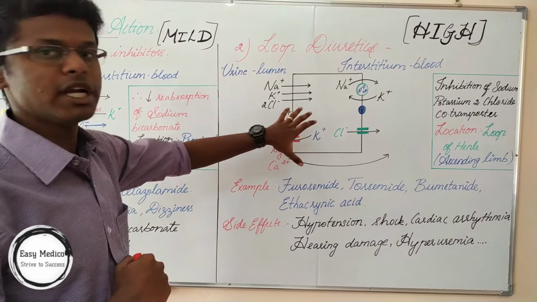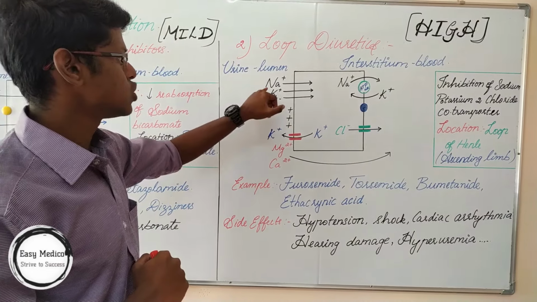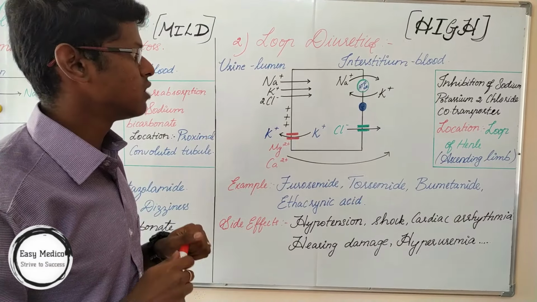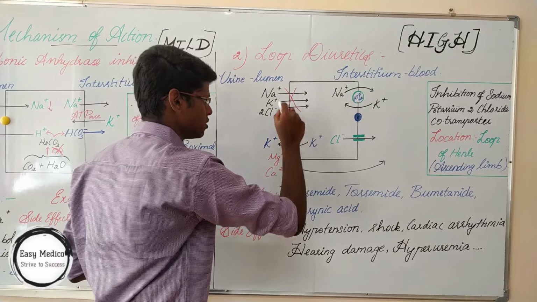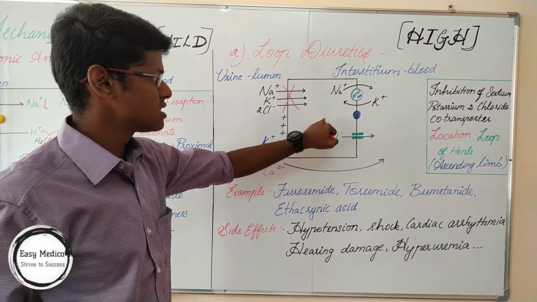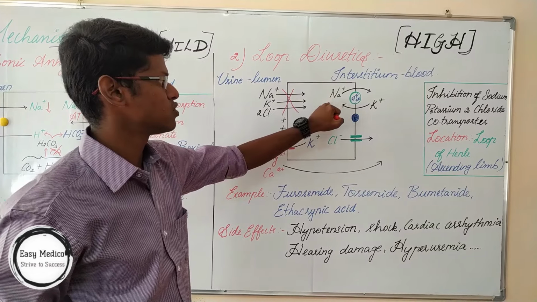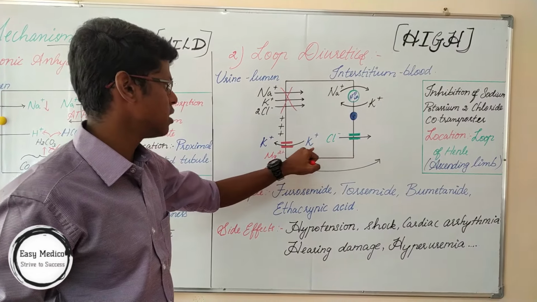Now, let's zoom into the structure of the epithelial cells. Over here, this is the sodium, potassium and 2 chloride transporter. So, the main work is the inhibition of the sodium potassium 2 chloride co-transporter. Then there is the sodium potassium ATPase pump, where sodium goes out and potassium enters in. Here, the potassium comes out into the interstitium.